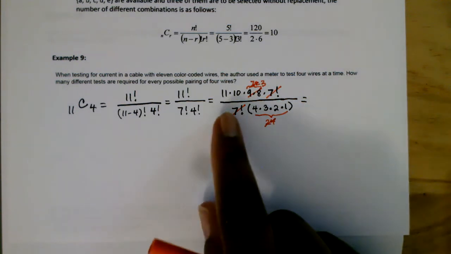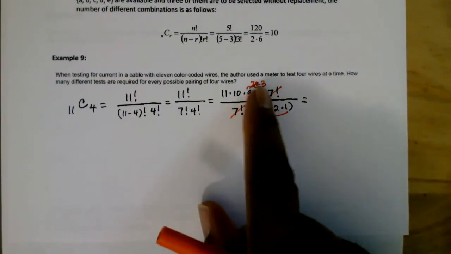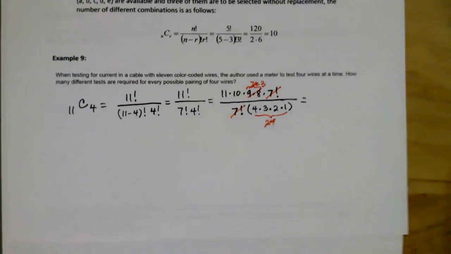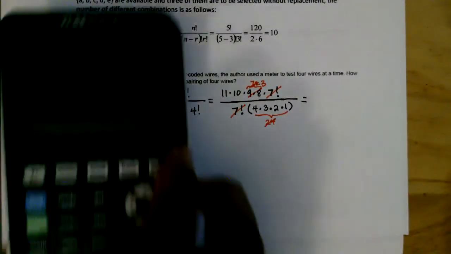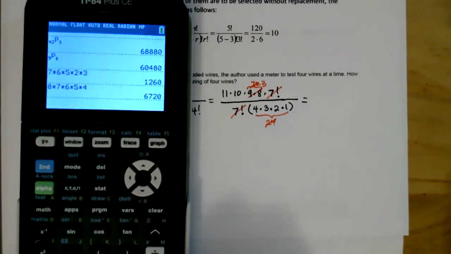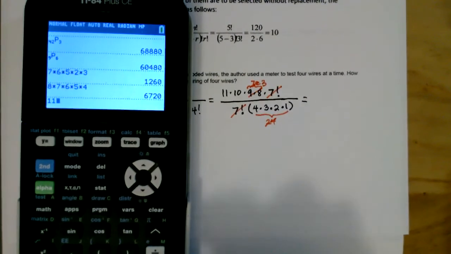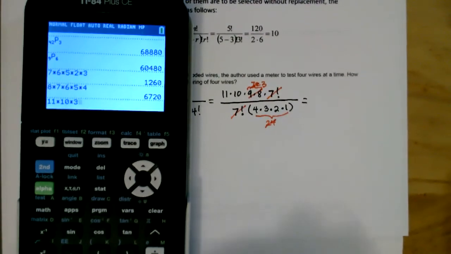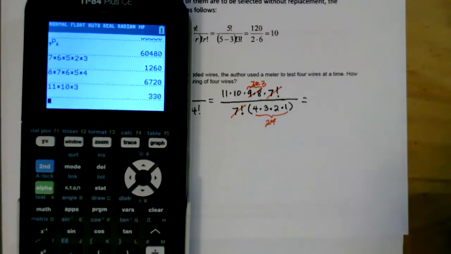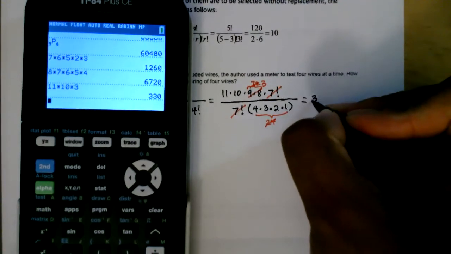So now in the numerator, I have 11 times 10 times 3, and I'll end up with 330.